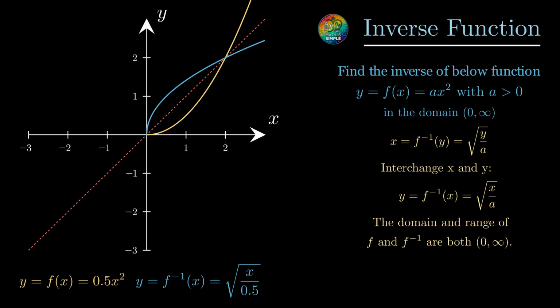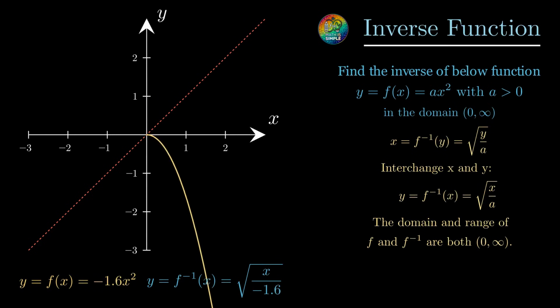The animation also highlights an important point. Whenever a becomes negative, the yellow curve drops below the x-axis. As a result, the blue curve completely disappears, since taking a square root of a negative value is impossible in the real number system.